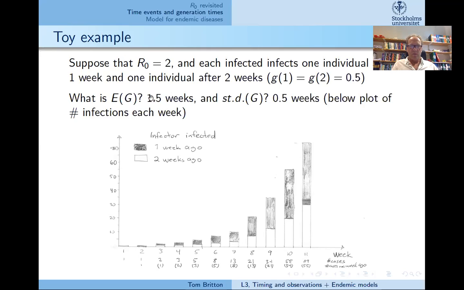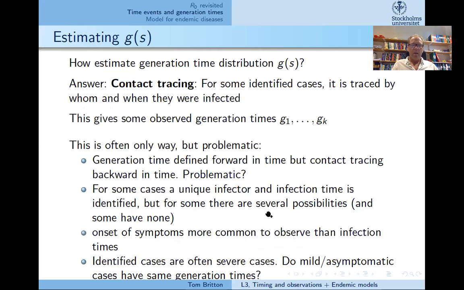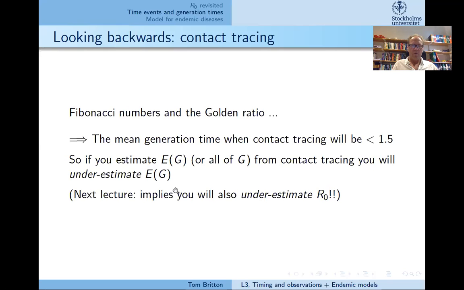The true mean generation time was 1.5, but when you contact trace looking backwards in time, the mean will be smaller than 1.5. And the reason for this is that there are more people infected 1 week ago than there were 2 weeks ago. So for that reason, more of the people infected this week will have their infector having been infected here as opposed to here. And if you don't take this into account, you will underestimate the mean generation time.